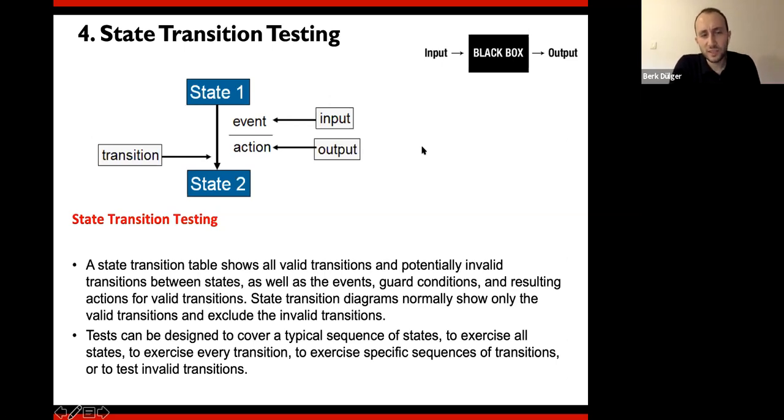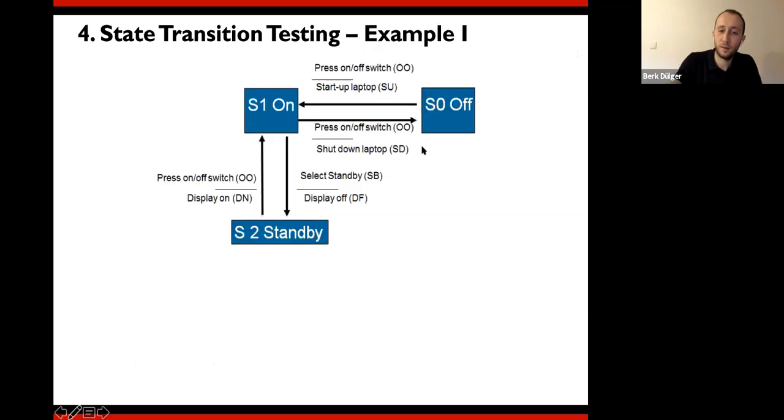In state transition techniques, there is more than inputs and outputs. This technique tells us, yes, we have inputs and outputs, but we also have states of the system. It will be easier to explain through an example.